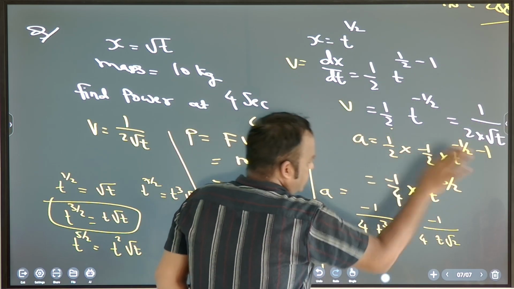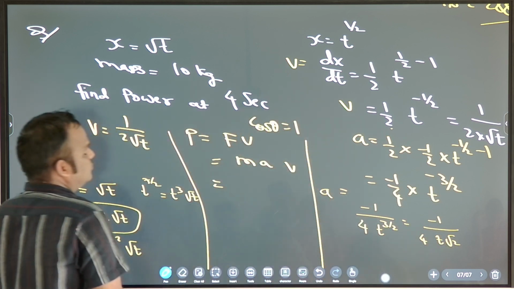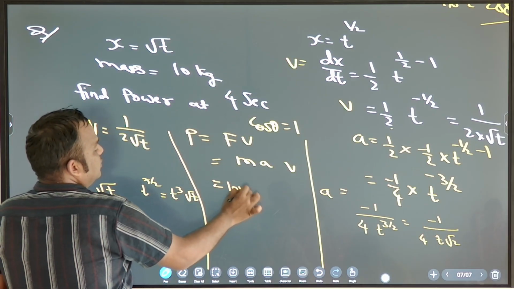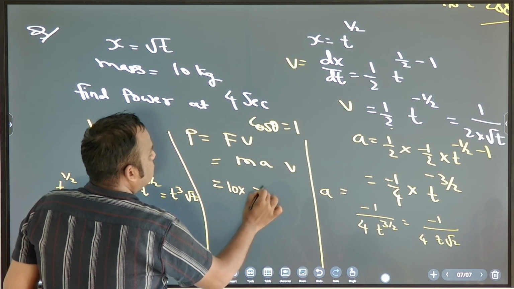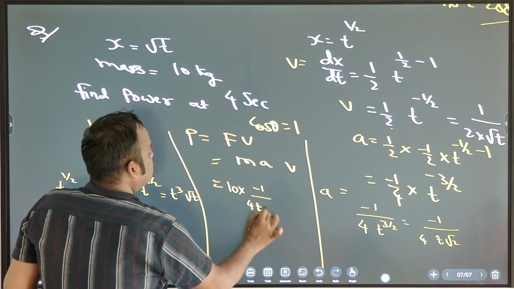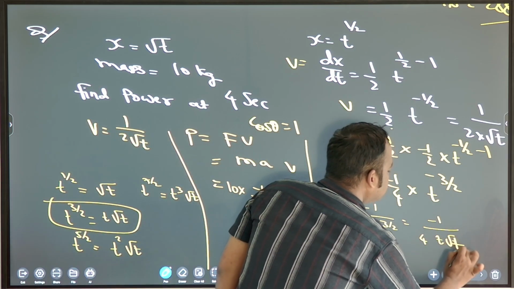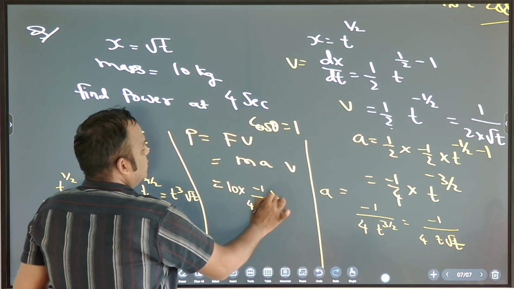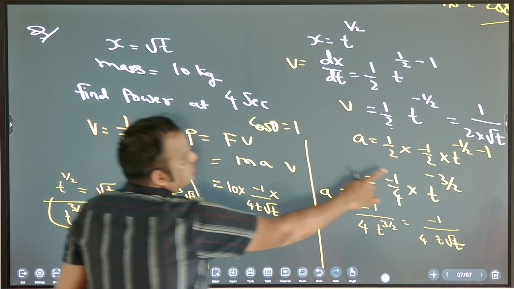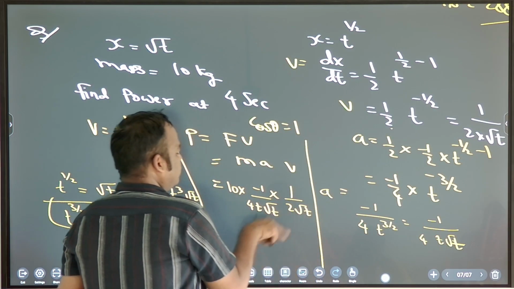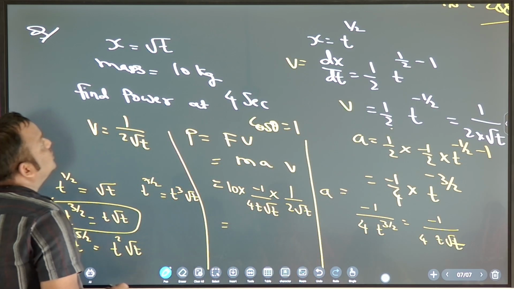Now again acceleration: substitute here. What is the power? 10 into a. What is a? Minus 1 by 4 t root t. Then velocity 1 by 2 root t. Carefully you solve. So your answer is plus or minus?